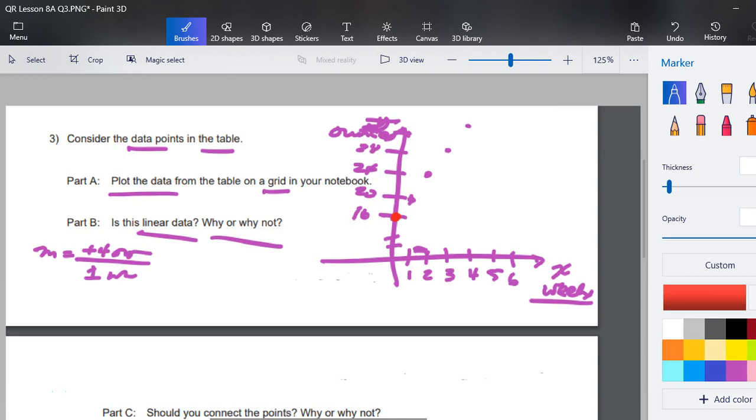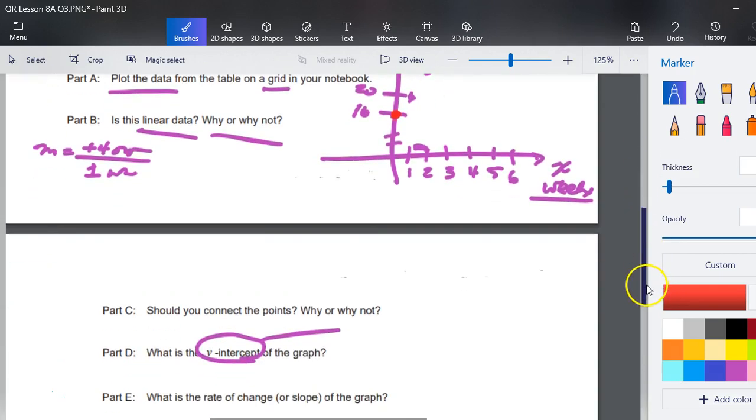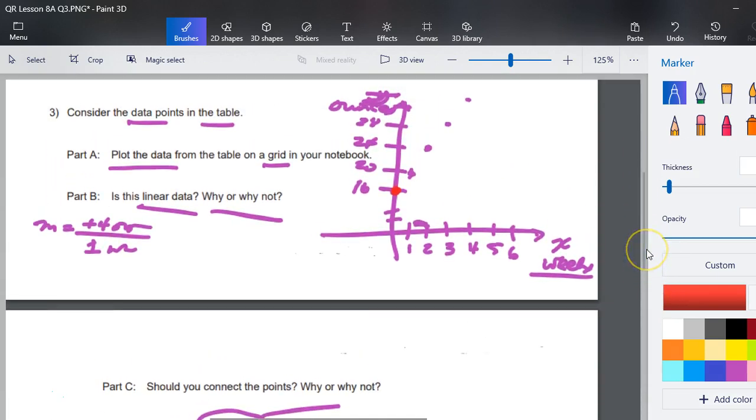Where are we intersecting the y-axis? And we are sitting right there on the y-axis. Notice what the question says. What is the y-intercept? We are sitting on this y-axis at 16. And so our y-intercept is going to be 16. That's where we cross that axis.